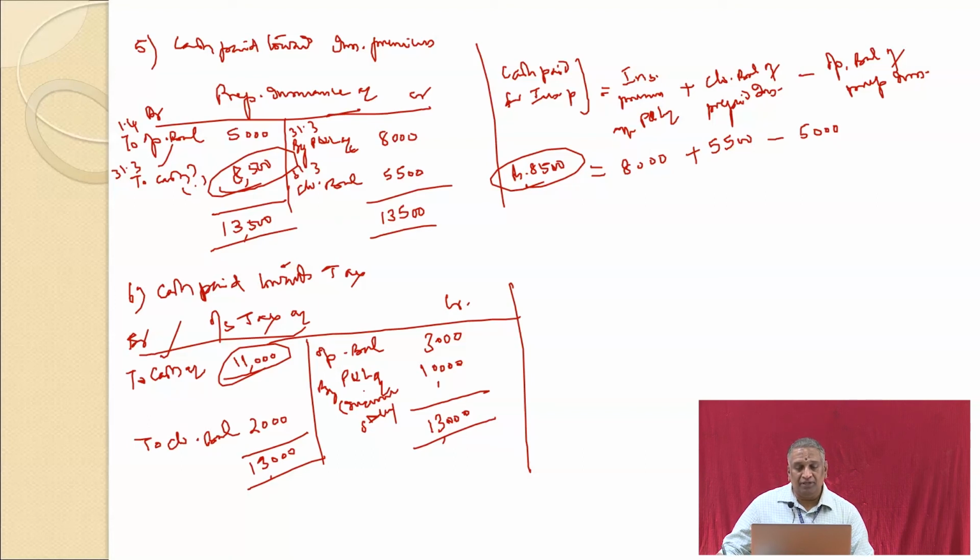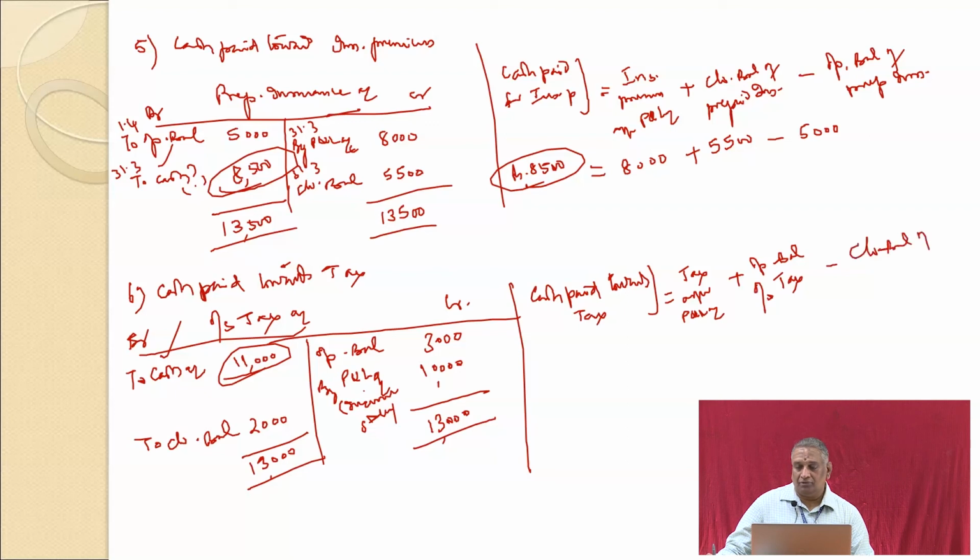In the form of an equation, cash paid towards tax is equal to tax as per P&L account plus opening balance of outstanding tax or tax payable account minus closing balance of outstanding tax.